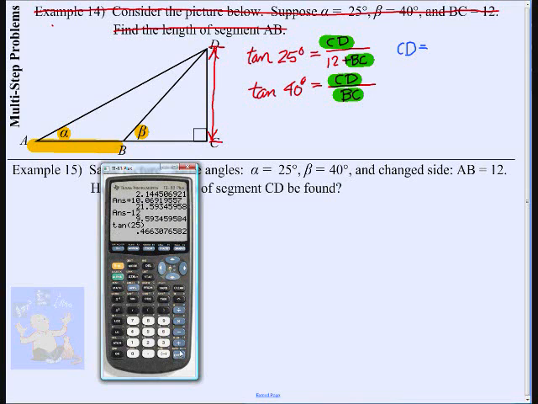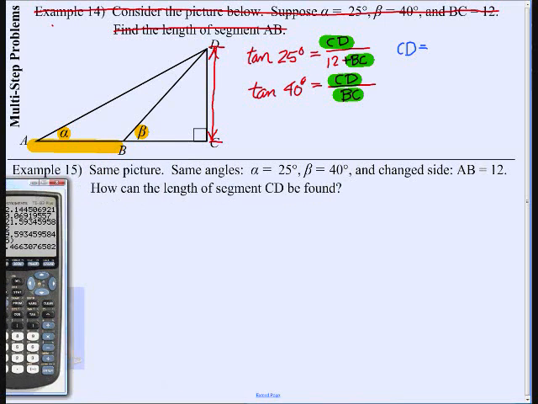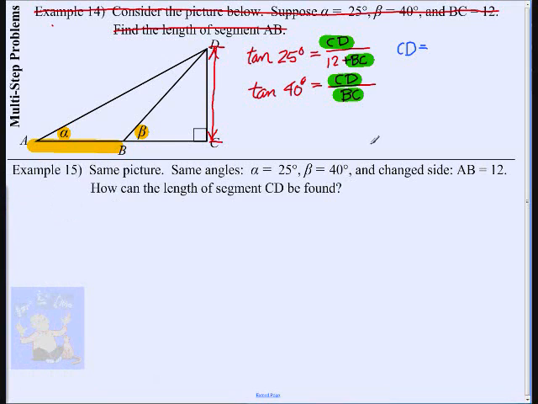Tangent of 25 degrees is 0.4663. So that's going to be 0.4663 times 12 plus BC.